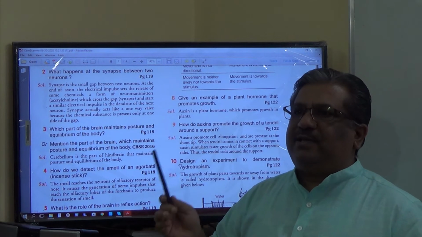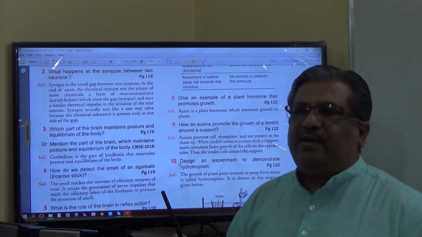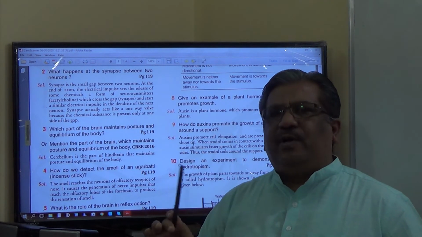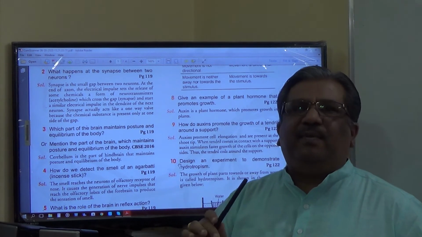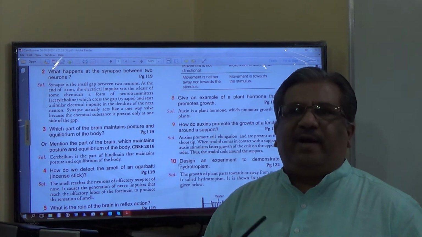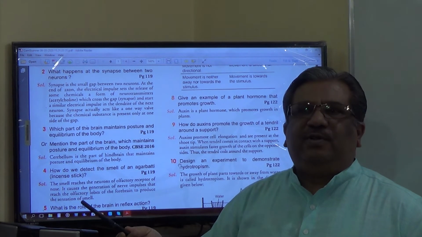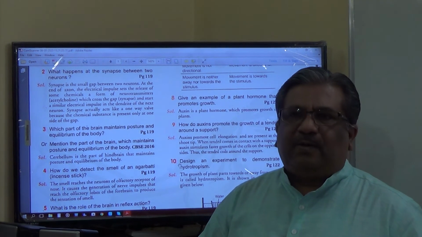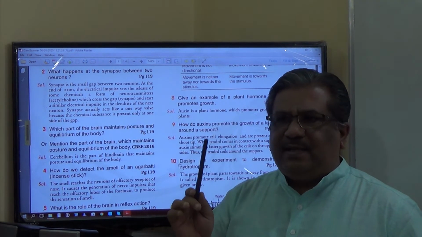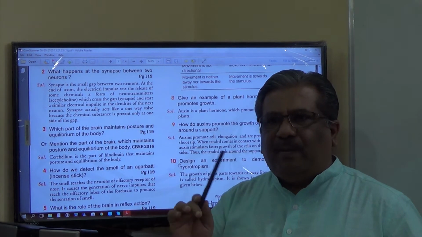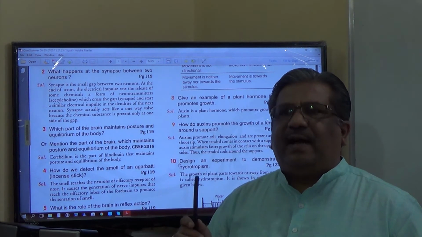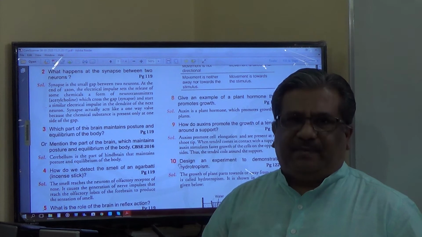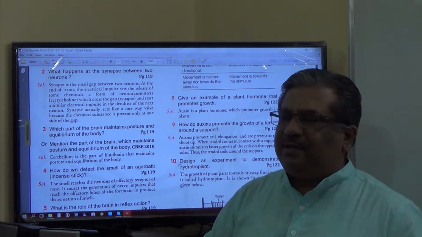So synapse is a junction where small chemical molecules, triggered by the electrical impulse in one neuron, that is one nerve ending, are passed to the next dendritic tip. So I can say this chemical acts like a neurotransmitter, isn't it?